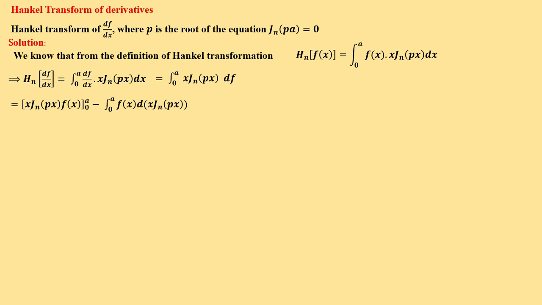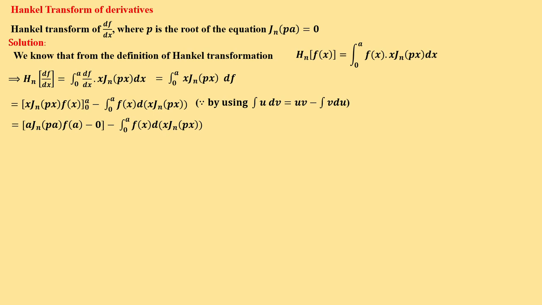Here u is x Jn of px and v is f of x. So uv is x Jn of px into f of x, with lower limit 0, upper limit a, minus integral 0 to a f of x into derivative of x into Jn of px dx.